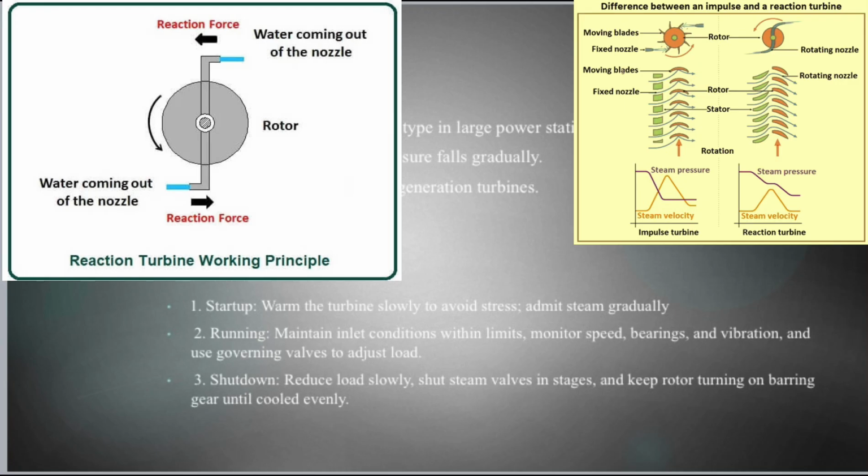The general operating guidelines: first is the startup. Warm the turbine slowly to avoid thermal stress, and admit steam gradually. So when starting the turbine, it should be done gradually or slowly to avoid thermal stress.